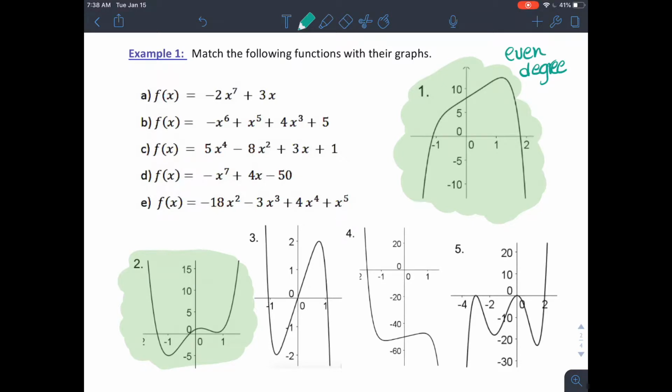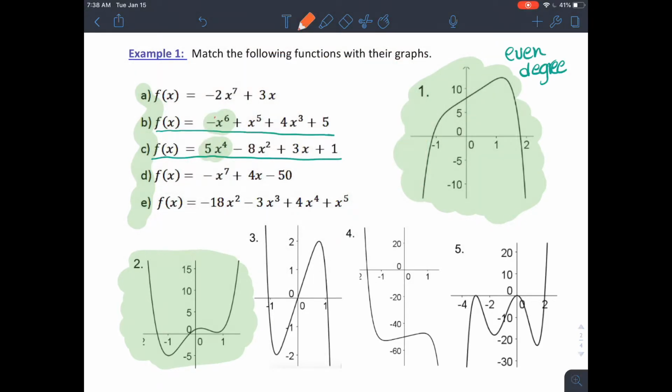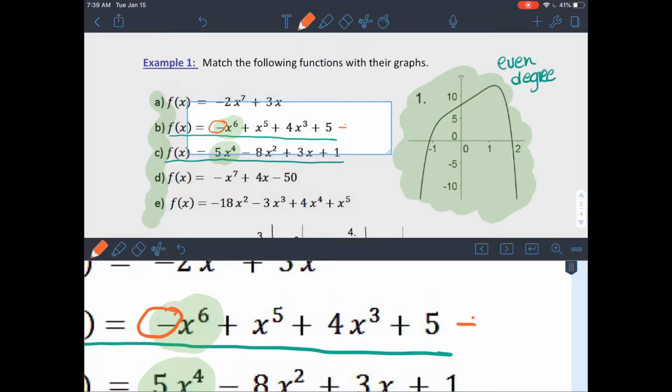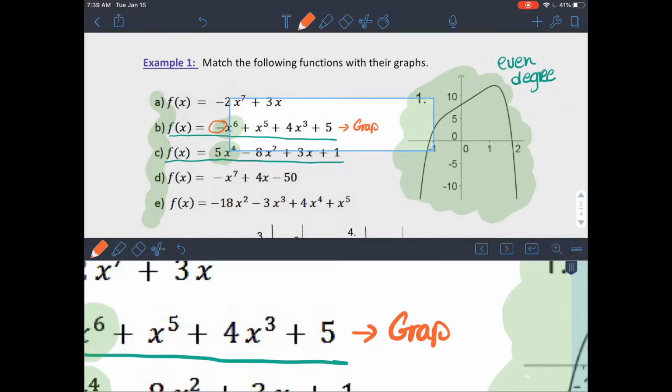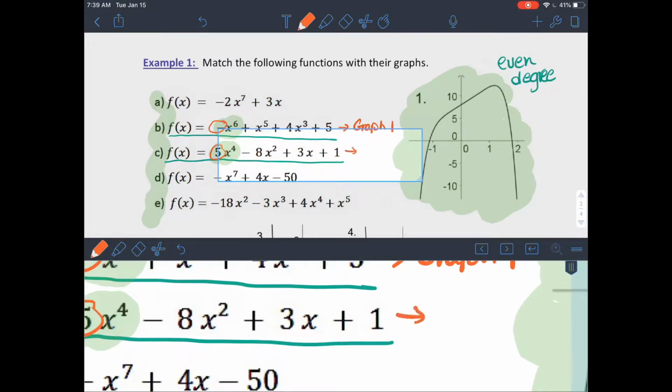So if you look at your options for our polynomials, the ones that are even degree would be B and C. Then if you take a look at your leading coefficients, B has a negative leading coefficient, so both ends should be pointing down, and C has a positive leading coefficient, so both ends should be pointing up. So we can do some matching. Graph 1 has to be polynomial B, and graph 2 has to be polynomial C.